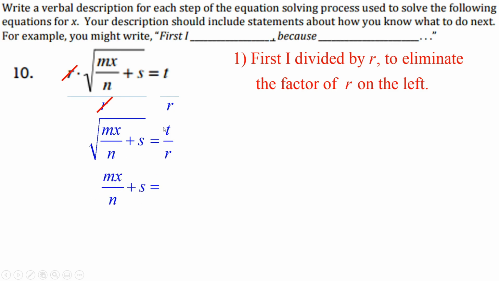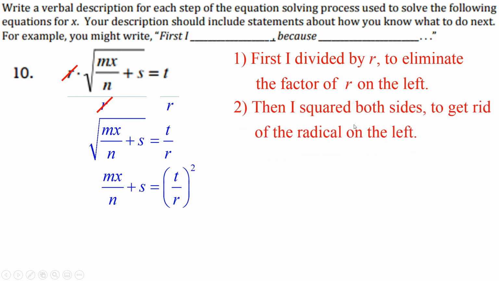And on the right now, I've got to square the t over r, so t over r squared. Now, describe what we did. We just squared both sides of the equation to get rid of the square root. Then I squared both sides to get rid of the radical on the left. A square root symbol is called a radical or a root symbol.